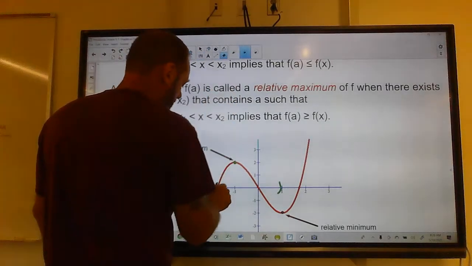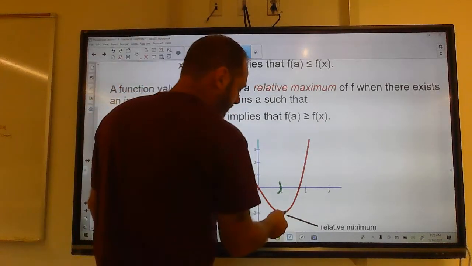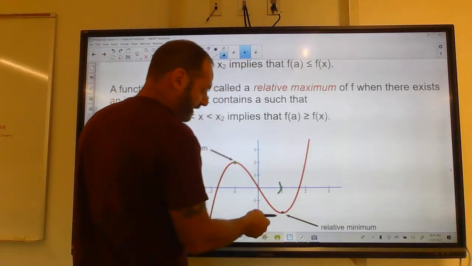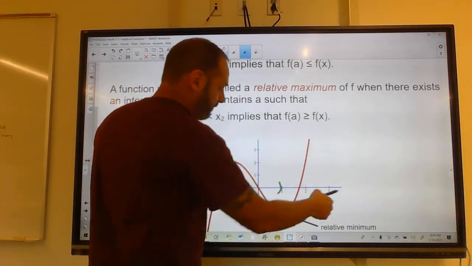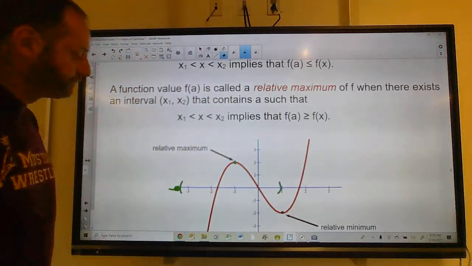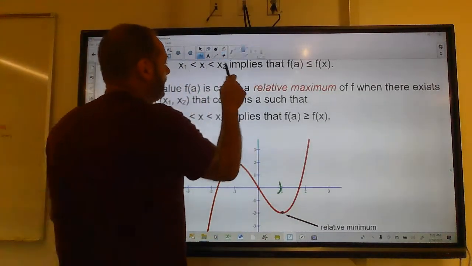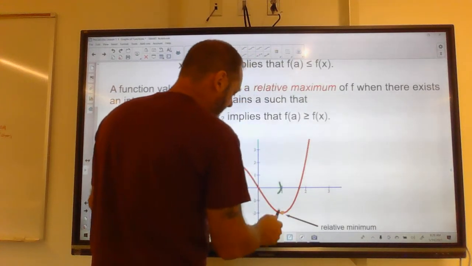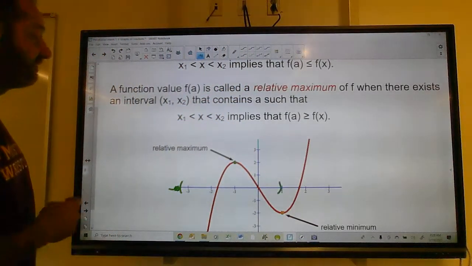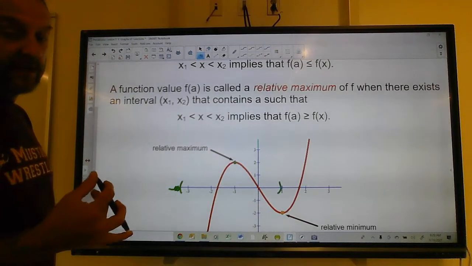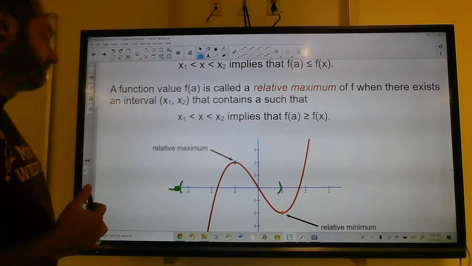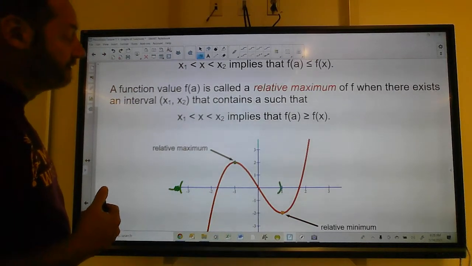Now, this is a relative minimum because it's the smallest value between, say, negative 1 and positive infinity. So this would be a relative minimum right here. Basically, it's peaks and valleys. Do I have a peak? And you can have lots of relative maximums. You can have lots of relative minimums. You might not have any.